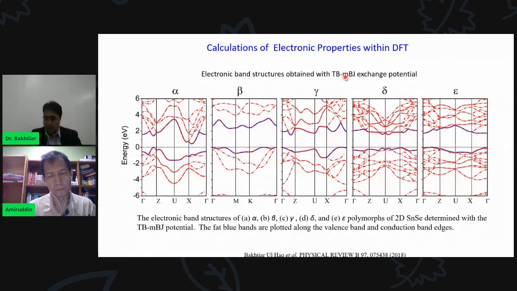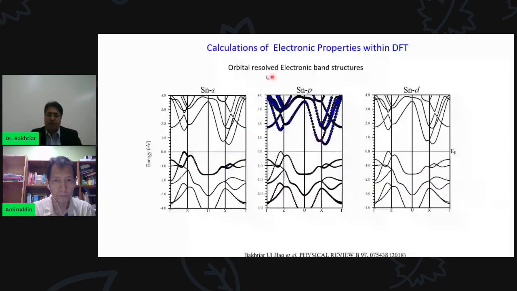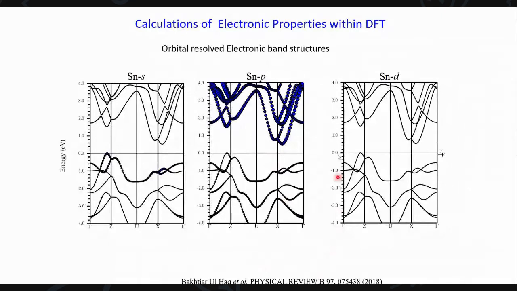And besides this, one can also see the contribution of different orbitals to the electronic structure by determining the orbital resolved electronic band structures. Like here, we determined the orbital resolved electronic band structure for tin selenide, and this is the contribution of only tin s electrons, which contribute in the valence band, especially in the valence band maximum.